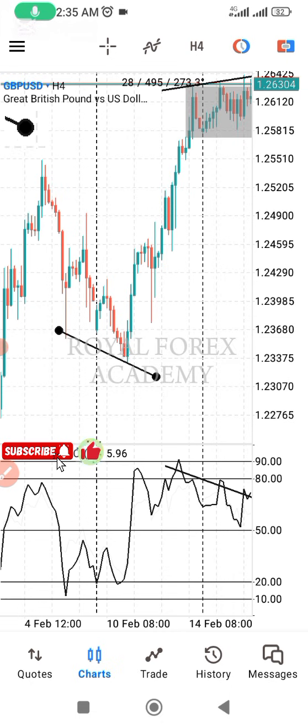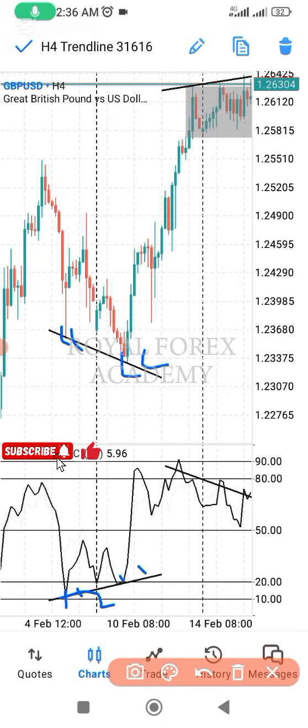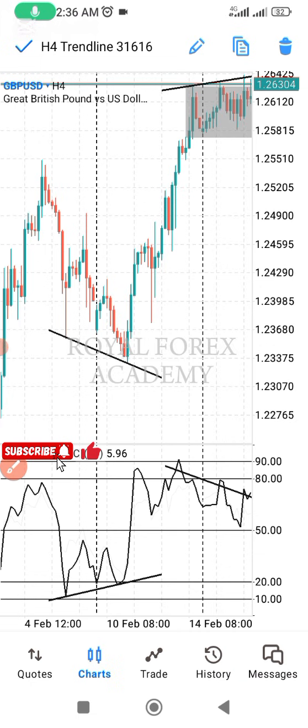You can see this. And look at this. Here price is giving us a lower low, but our indicator window is already giving us a higher low. So this disagreement is a divergence, and that shows that a reversal is about to happen.